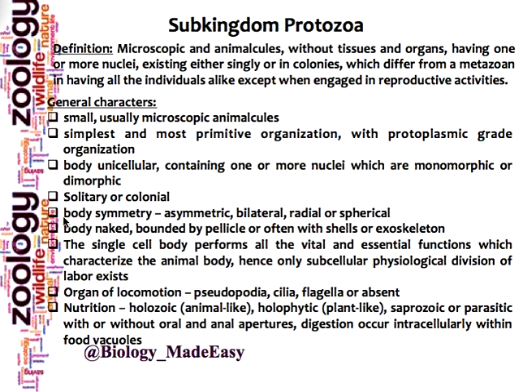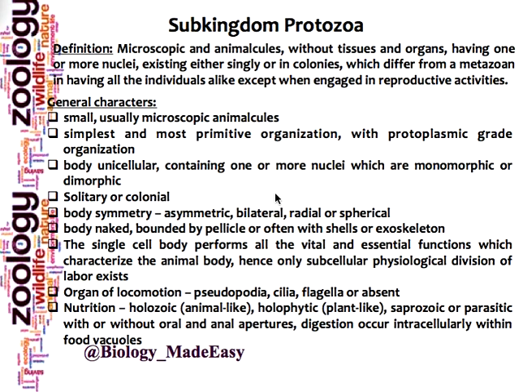They may be solitary or colonial, and their body symmetry may be asymmetric, that is, there is no symmetry at all. It may be bilateral symmetry, which means they have one mid-sagittal plane through which, if you cut, the body will be divided into two mirror equal halves called left and right halves. They may also have radial or spherical symmetry.